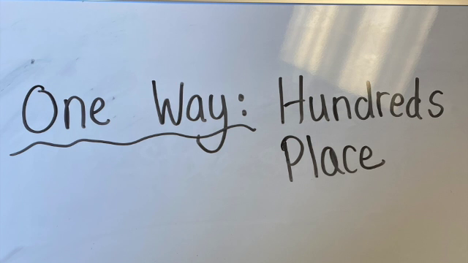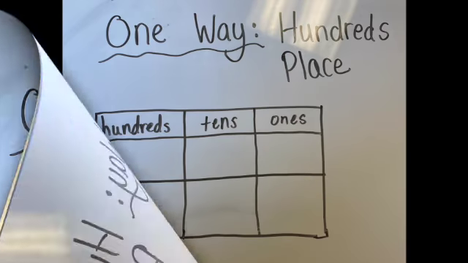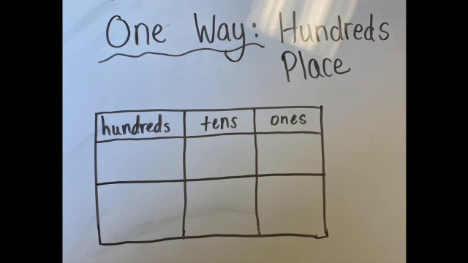Strategy number 1 for today is to round to the nearest 100. So we'll be looking at the hundreds place. You'll notice that I drew a table for this strategy. And this table is separated by hundreds, tens, and ones. And I made sure that I had enough spots for 2 numbers, because remember that problem I read to you had two numbers. And those 2 numbers, remember, were 416 and 783.